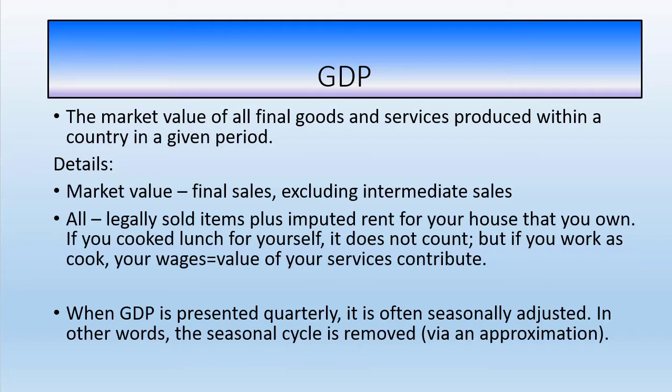Also keep in mind that when GDP is presented quarterly, it's often seasonally adjusted. In other words, the seasonal cycle is removed via an approximation. The government really tries to estimate the effects of seasonality. For example, we all know that the fourth quarter is a strong economic quarter for the U.S. because of the holidays.